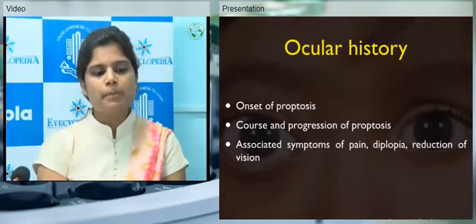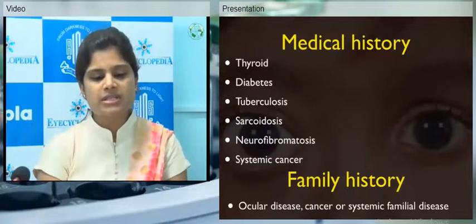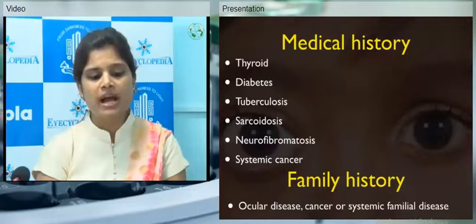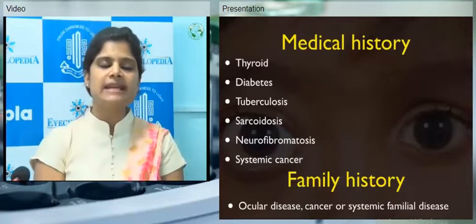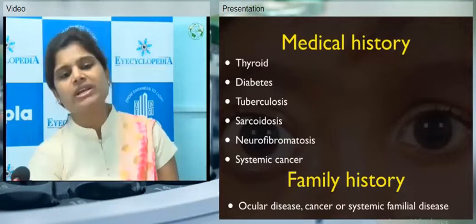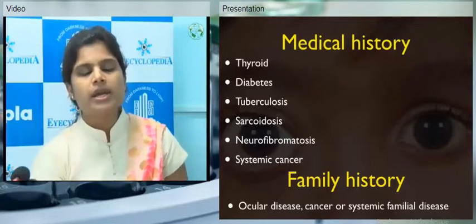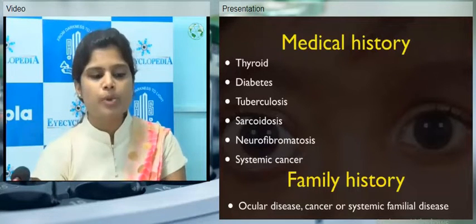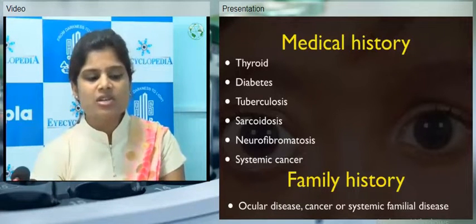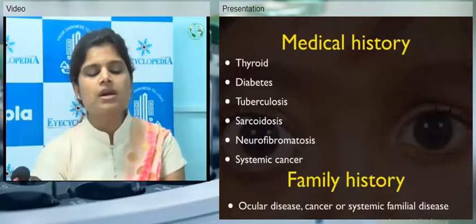Then next, coming to the medical history, we always need to ask if there is any significant medical history in any patient, not just with proptosis, but with any etiology. But specifically, when we are talking about proptosis, I'll tell you why each of these is important.